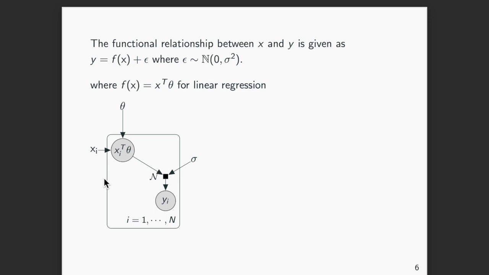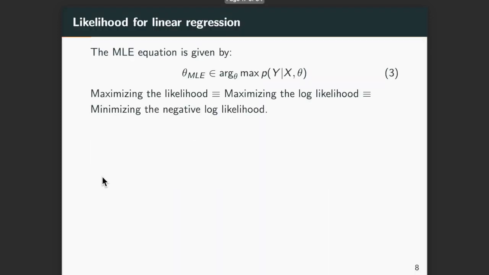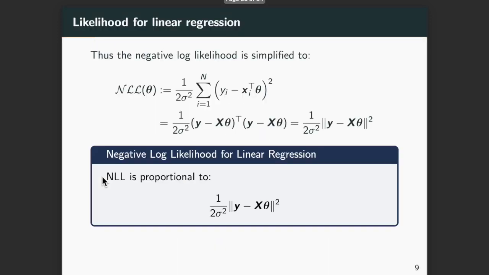And through this, we are able to model yi to be normally distributed with xi transpose theta with variance sigma square. And if we minimize the negative log likelihood, we'd be able to obtain the loss function to be equivalent to sum of squares or mean squared error.